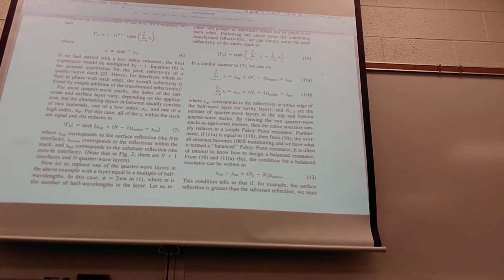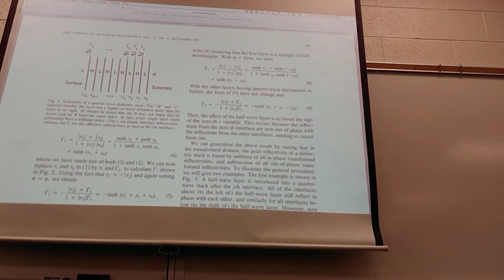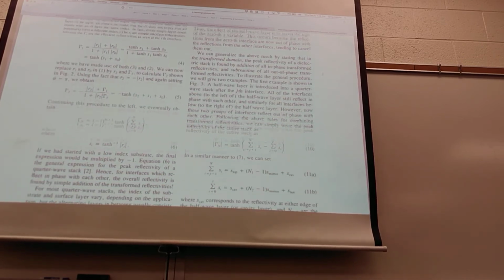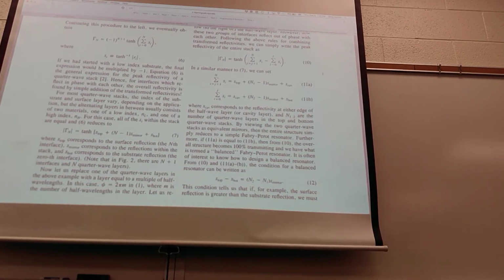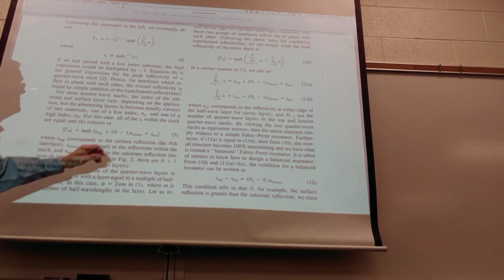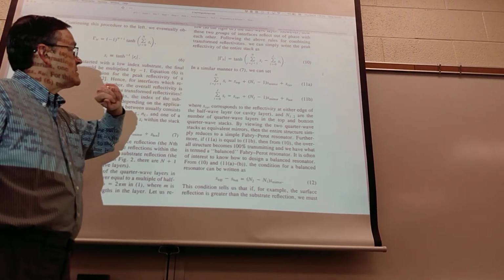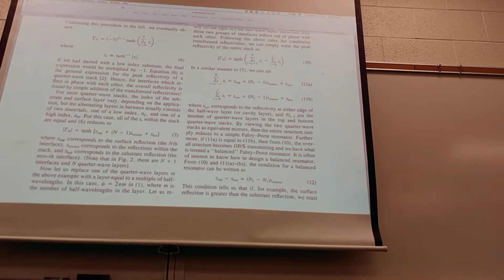So that allows us then to figure out what the reflectance is for arbitrary stacks, arbitrary numbers of layers.